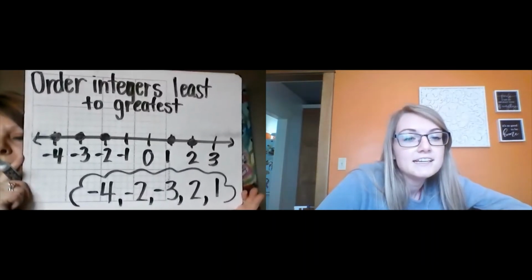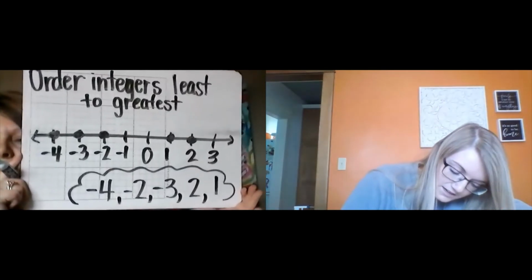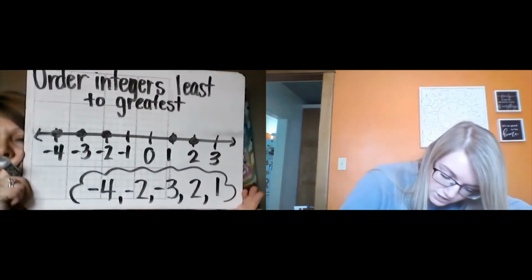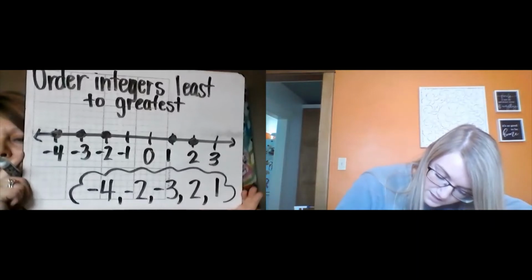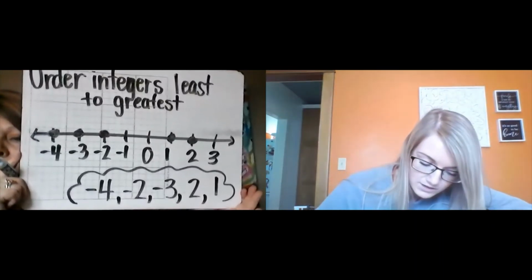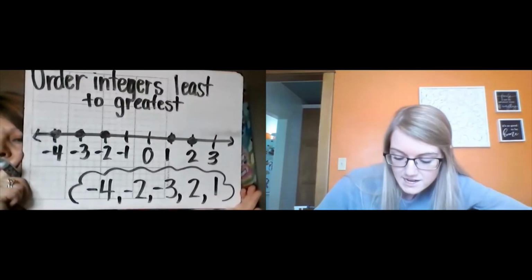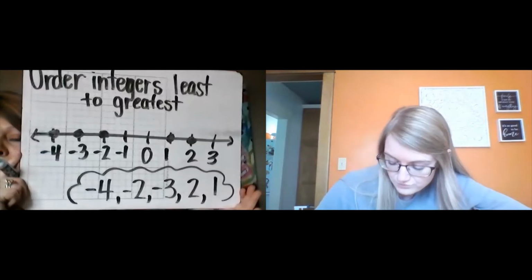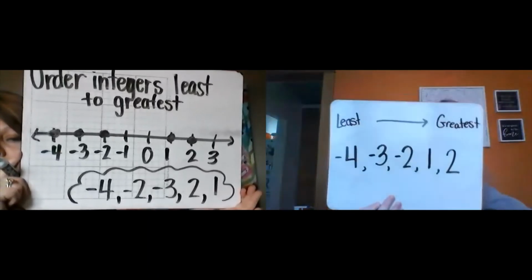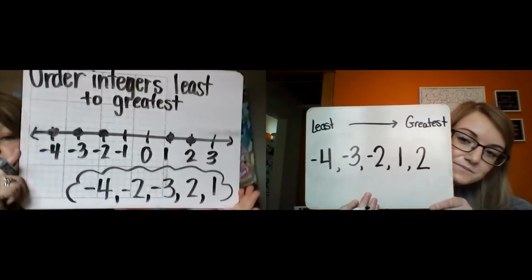And then I see -3. Awesome. Right next to that is -2. Sure. And then there's no dots on the next 2, so I don't have to write them, right? Right. Okay, so then I'll write 1 is next, and then 2. All right, check it out. I love it. Least to greatest.